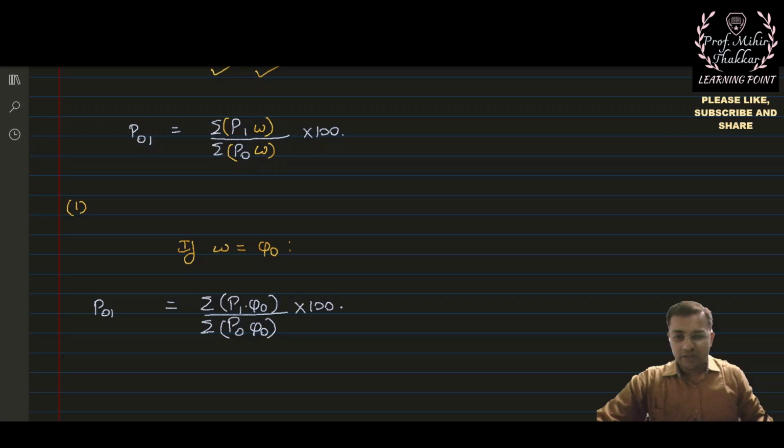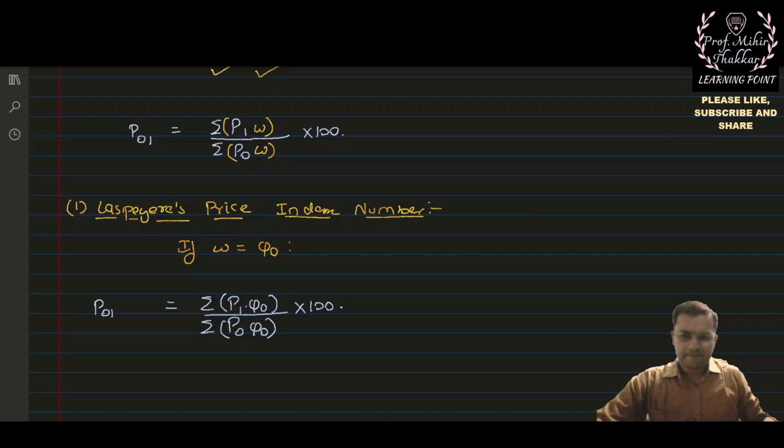Therefore, the name of the index number is Laspeyer's price index number. And because it is Laspeyer's price index number, it is denoted as P01L.